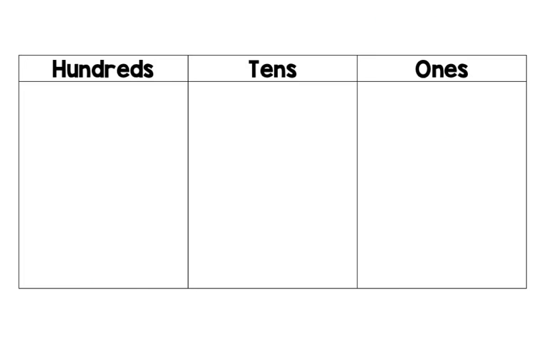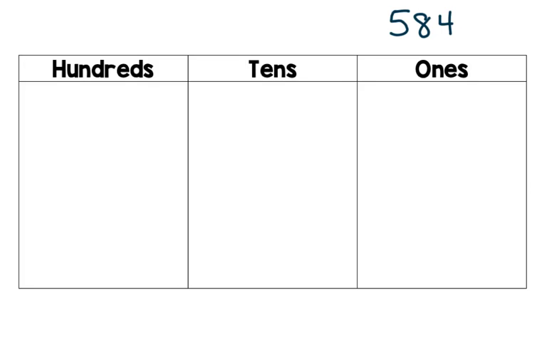Let's write the number 584. Go ahead and write that on your place value chart. Now I'm going to put the digits in the correct place on this chart.